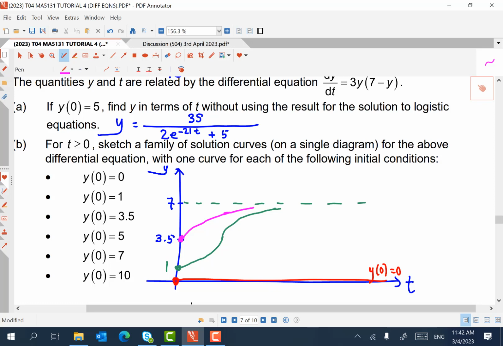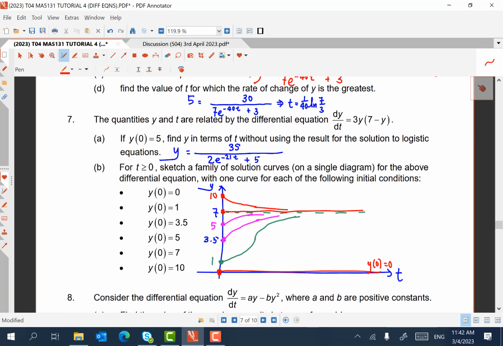And if you start with 5, if you start with 7, or you start with 10. And this is how things work for a graph.